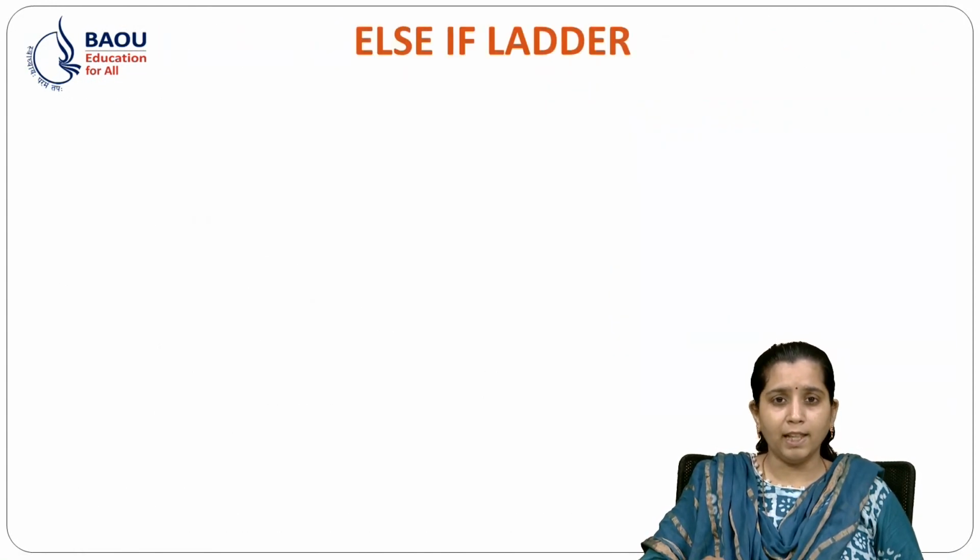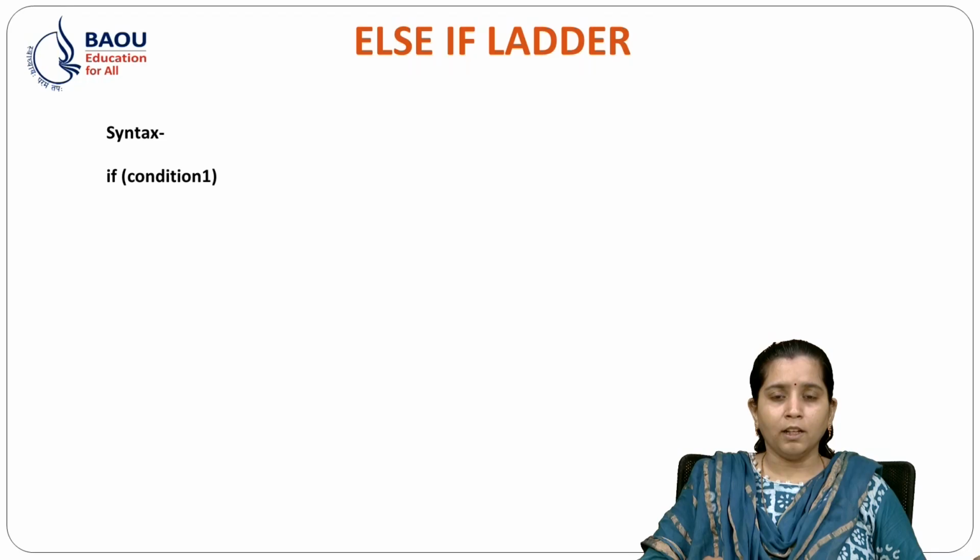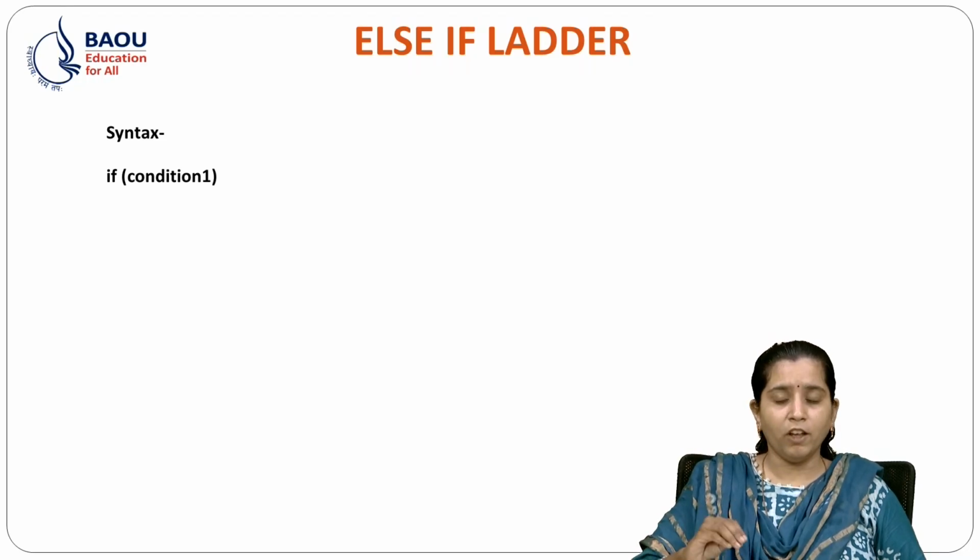Now let's see the else if ladder. The else if ladder is an extension of the if else condition, that is the nested if else condition, and that's why it is known as the else if ladder. If we have more than one nested if, then it can be easily framed like an else if ladder.